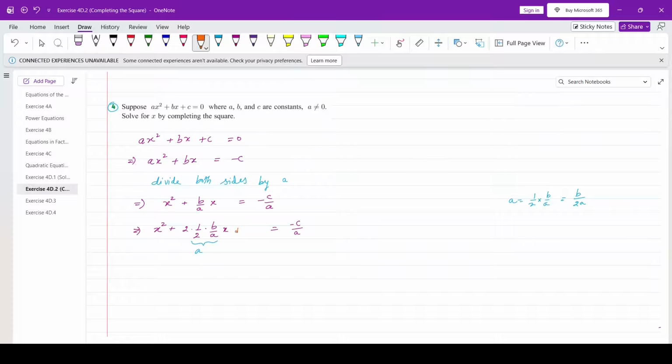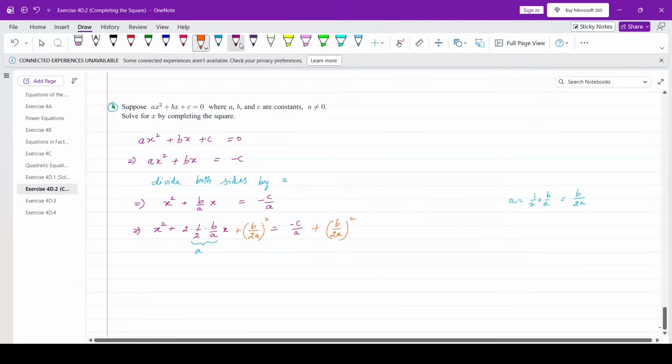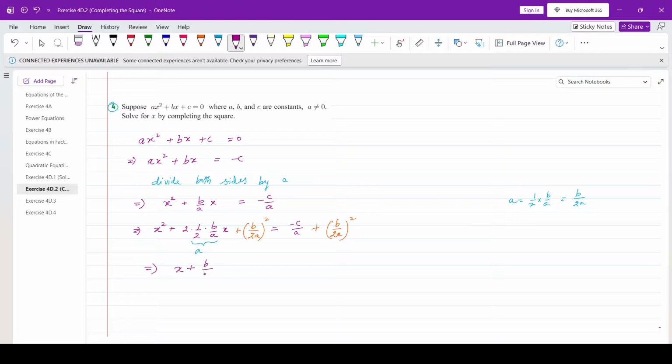So we can simply add (b/2a)² on both sides. And we get (x + b/2a)² = -c/a + b²/4a².